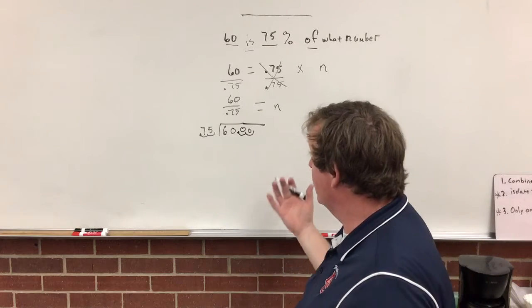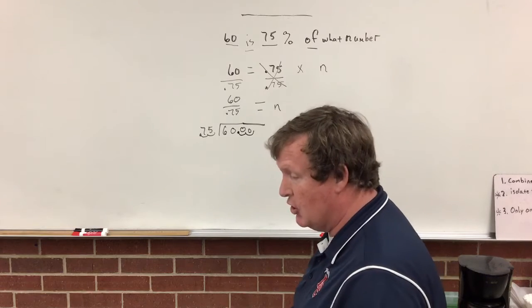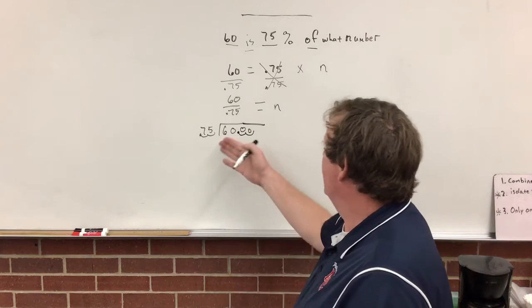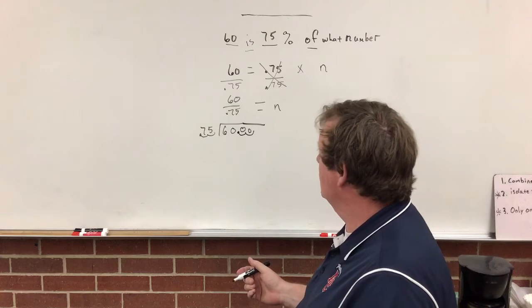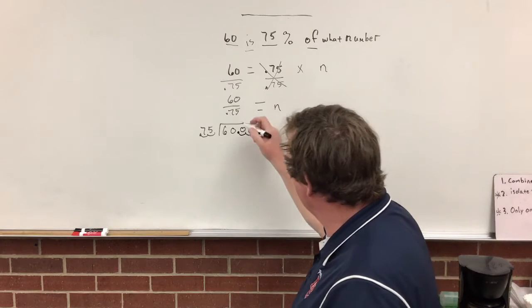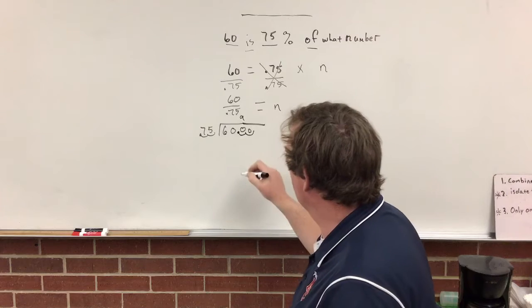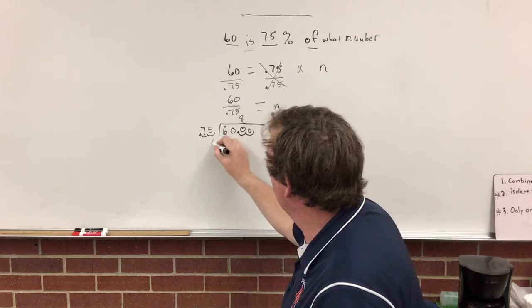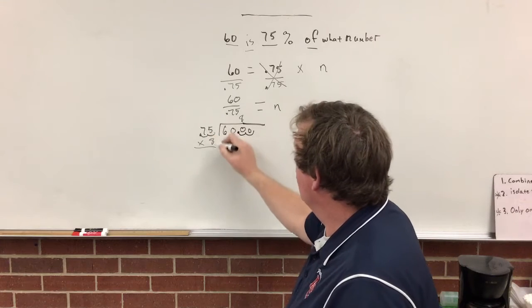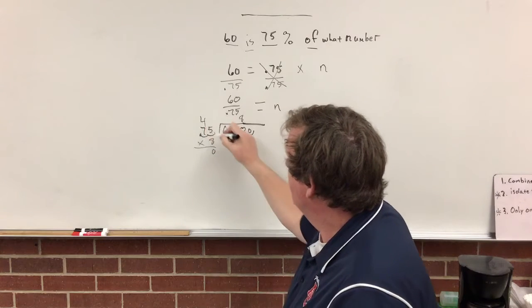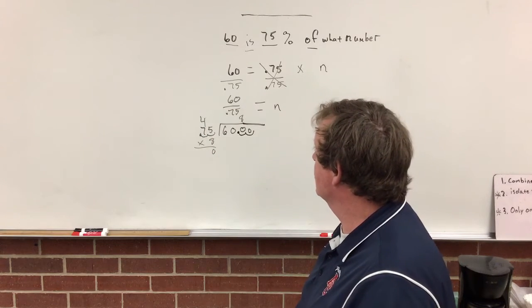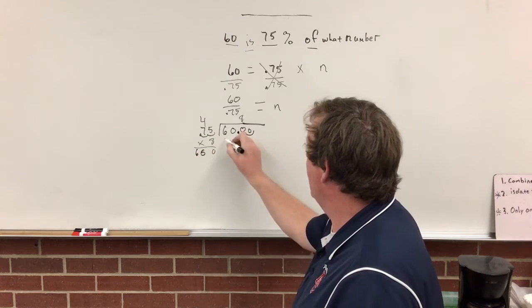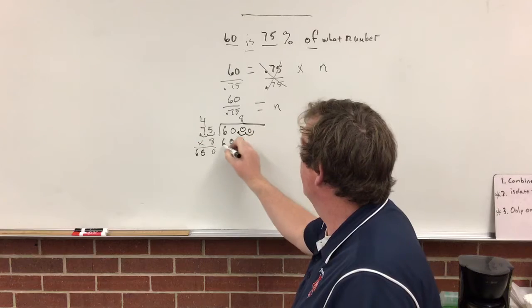Okay, the rest of it is just using some division here. So when I go to do that, I can say 75 goes into 600, maybe 9 times. It's pretty close. Let's start with 8 and see where that puts us. 5 times 8 is 40. 7 times 8 is 56, plus 4 is 60. Oh my goodness, Mr. Lindblad got it perfect on the first go.